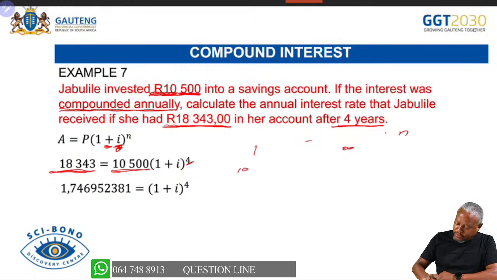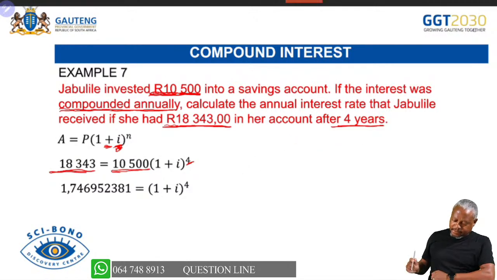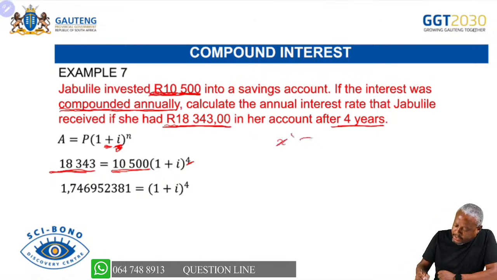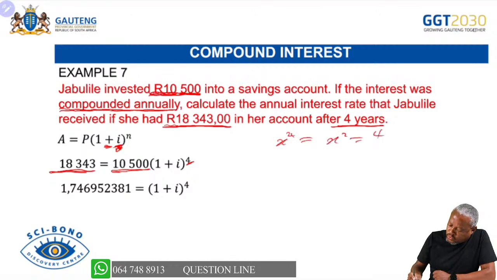Let me remind you a little bit about the algebraic solution. If you've got x squared equals 4, we need to solve for x. Remember, you square root, then you get x equals plus or minus 2.